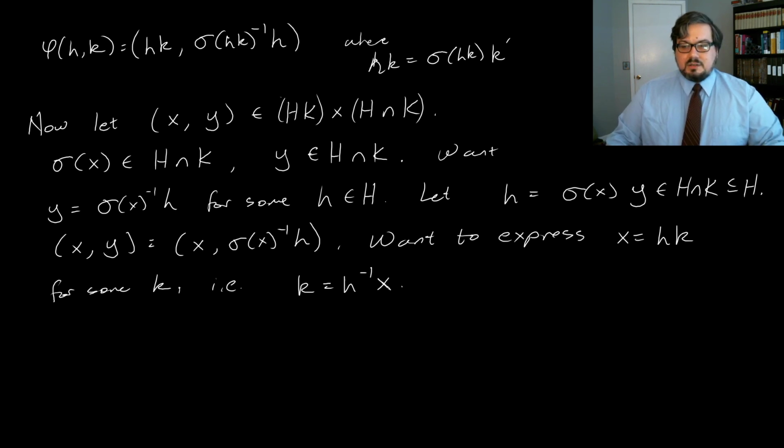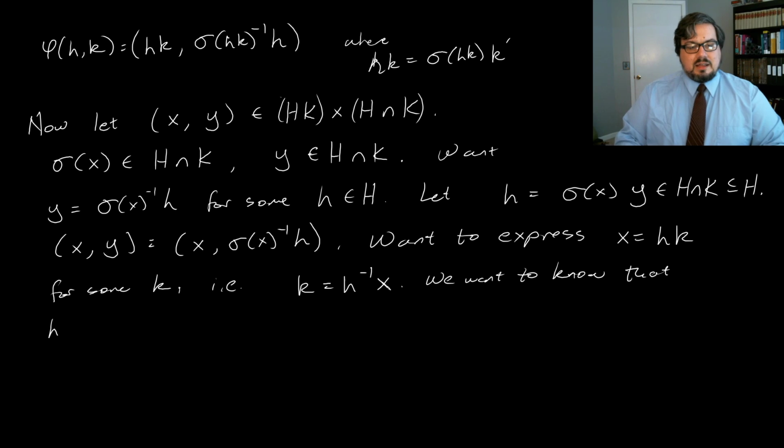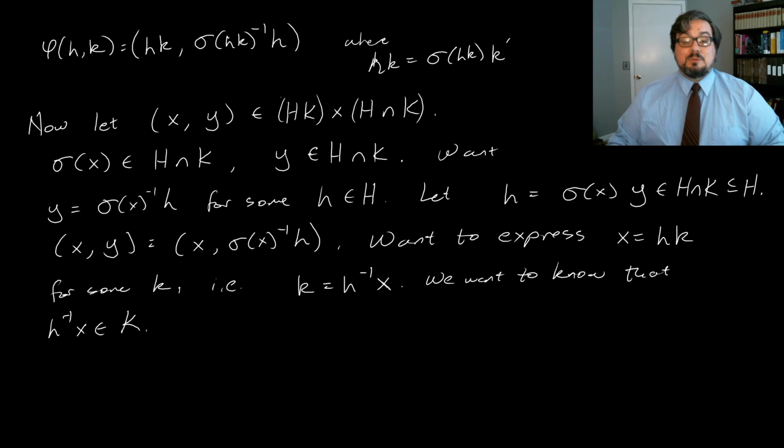Pardon me a second. So we can try setting k to be h inverse times x. Now we want to know that h inverse x actually belongs to K. If we did, then we'd be able to define k this way, and we'd be just about done. We'll wrap all this up here in a second.